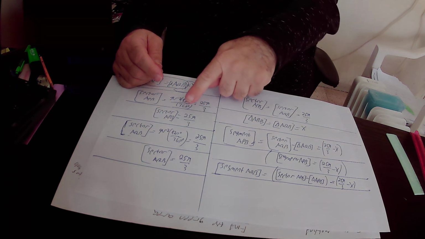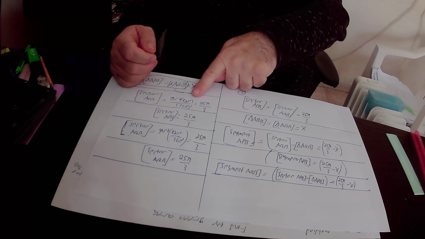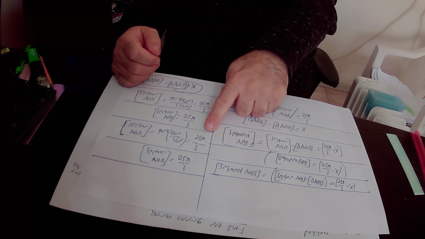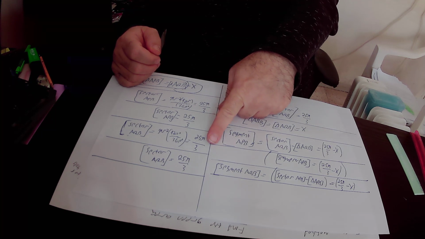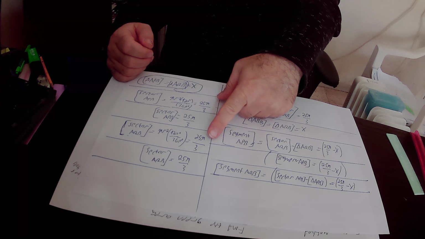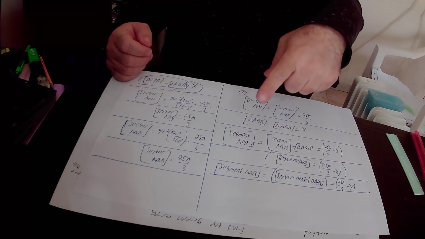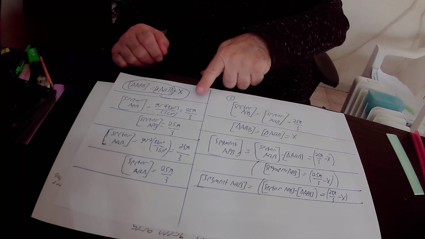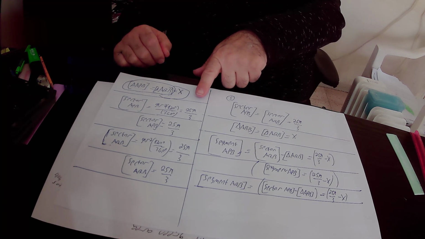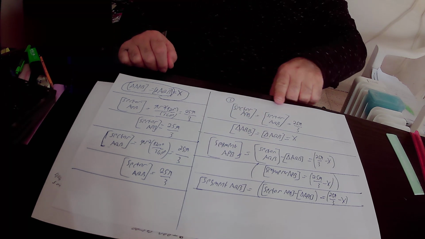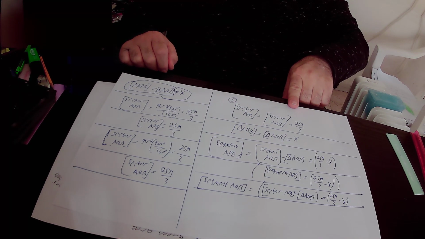Here it is the same calculation as we did before, so it is equal to 25 pi over 3. So we found out that the area of sector AQB equals the area of sector APB. Why? Because both areas are equal to 25 pi over 3. Okay?